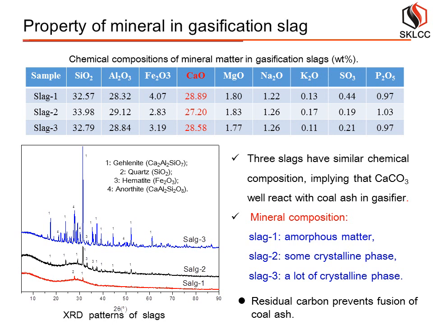The minerals in slag 1 is almost amorphous matters, and the minerals in slag 2 and slag 3 are crystallines. In addition, there are a lot of crystalline phase in slag 3. This result demonstrates that radiocarbon prevents fusion of CoS in gasifiers.